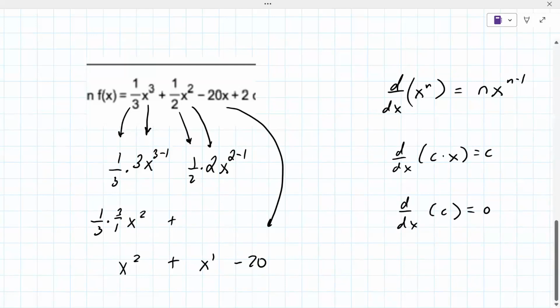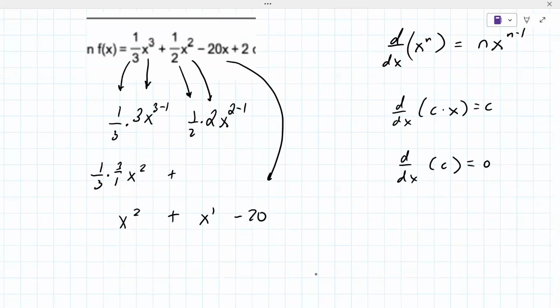So the next thing is you set the derivative equal to 0. And this is where your prerequisite courses come into play. You have to remember how to factor this. You have to find two numbers that multiply to -20 but add to +1. So this becomes x plus 5, x minus 4. Then you set these each equal to 0.